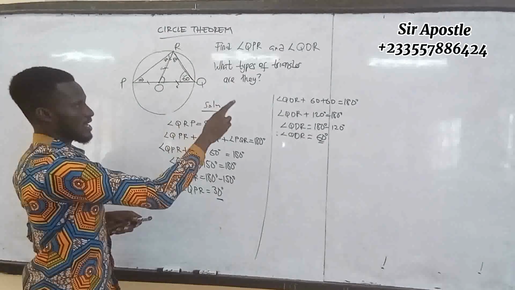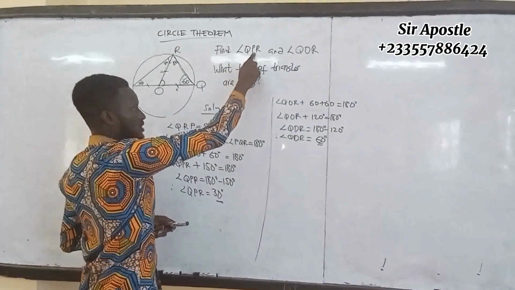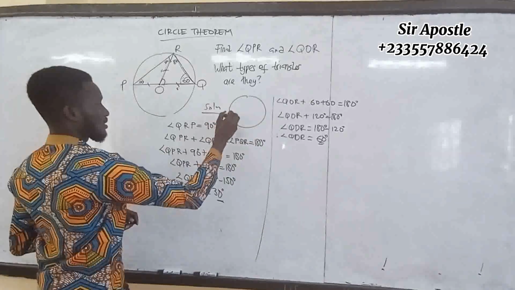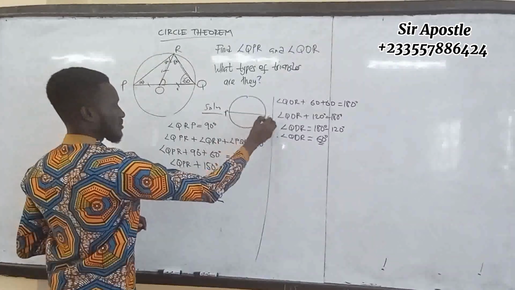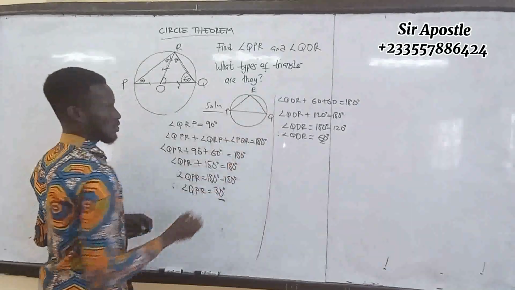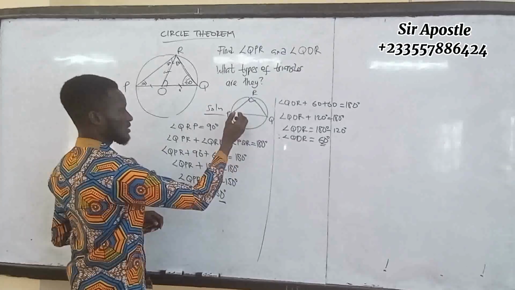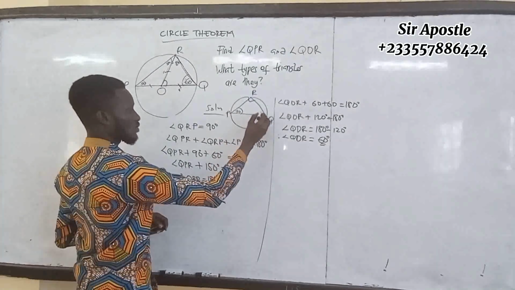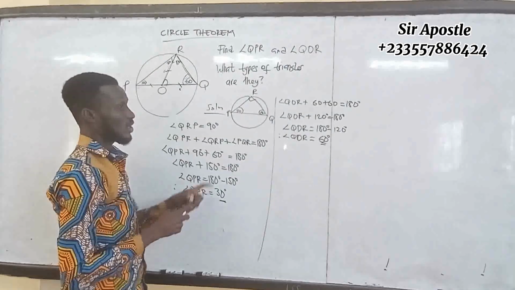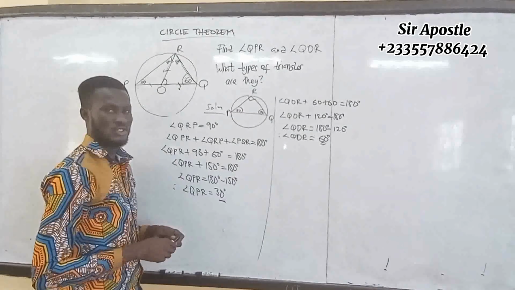Now, what type of triangles are they? What type of triangle is QPR? This is my P, this is my Q, this is my R. So we are looking for QPR. Already we know that here is 90, here is 30, and this side is 60. So what type of triangle is this? All the angles are different, so we can say that this one is a scalene triangle.